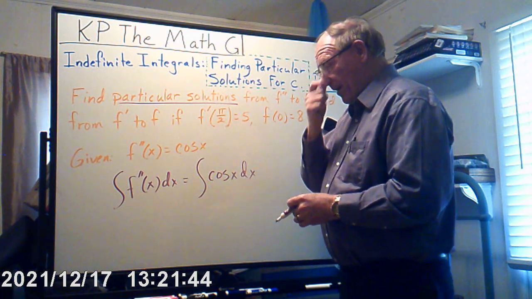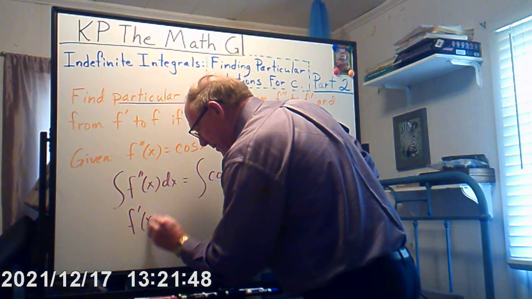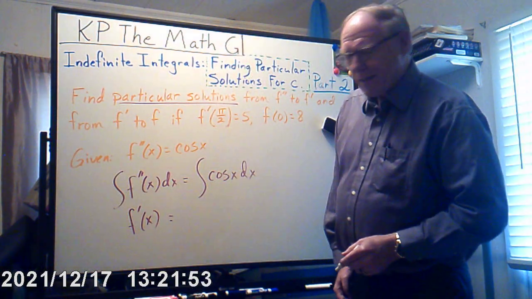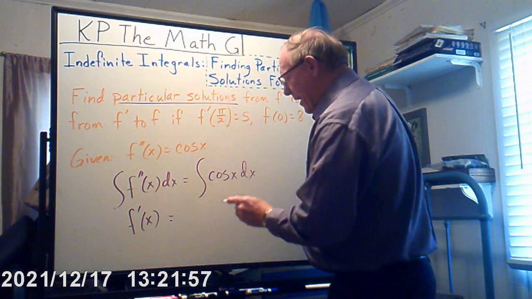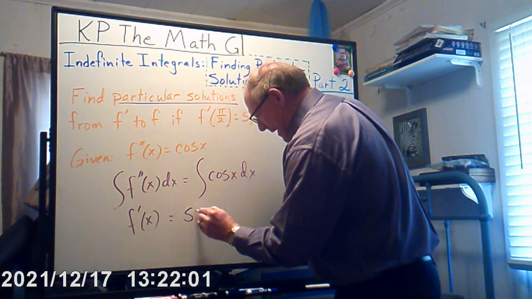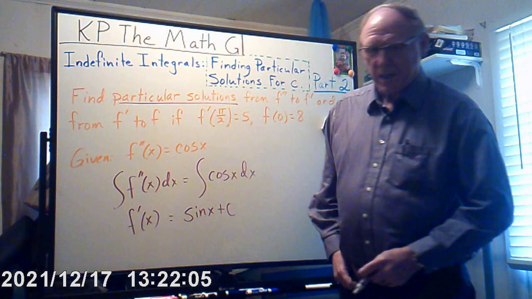Well, let's take this. We know what this is. This is f prime of x. And then on this side, remember the antiderivative of cosine from our previous lesson is sine x plus c.